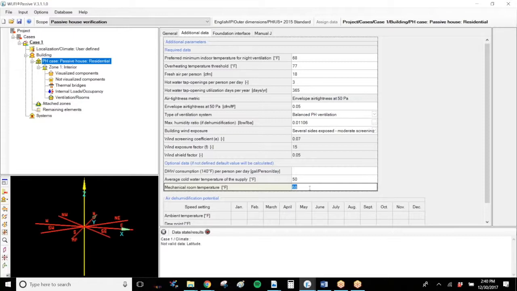So if it's inside, you can keep 68 degrees. If it is in some sort of semi-conditioned space or an unconditioned basement, you should use the average ambient temperature. You can determine that by going into your climate data and averaging the 12 months of the year, determining the average ambient temperature and entering it here. If you leave this blank, it will use 68 degrees.